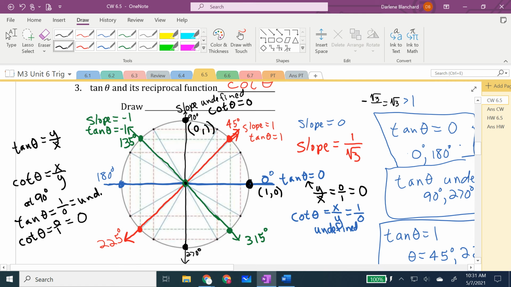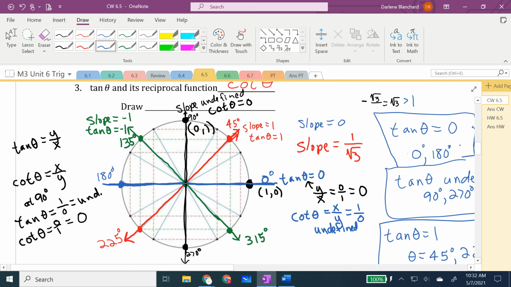So just stop and let that sink in for a little bit. When you have a vertical line, the slope is undefined. That means tangent is undefined. When you have a horizontal line, the slope is 0. You have the tangent being 0. Cotangent reverses that.